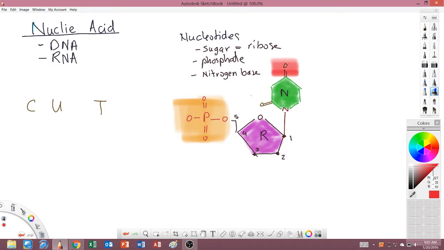This is the region that makes a difference between C and U. In that position, if you have O attached, it is uracil. And let's say you substitute this O, which is a ketone, with a nitrogen, you add an amide group, it becomes C.